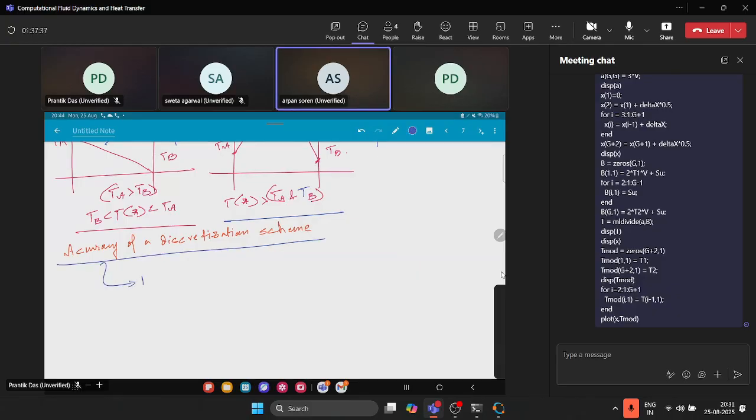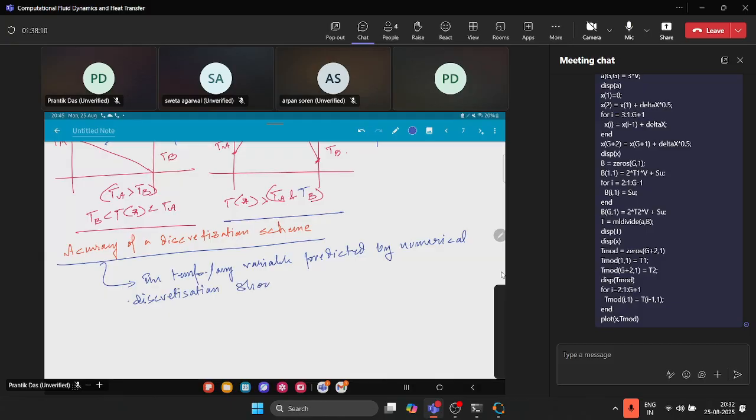Accuracy means the temperature or any variable predicted by numerical methods or numerical discretization should agree closely with analytical or experimental data.